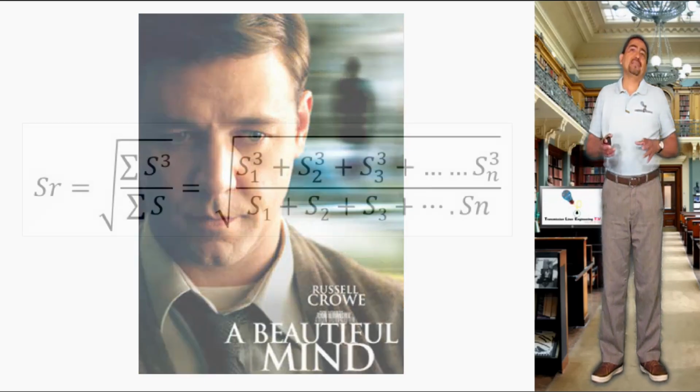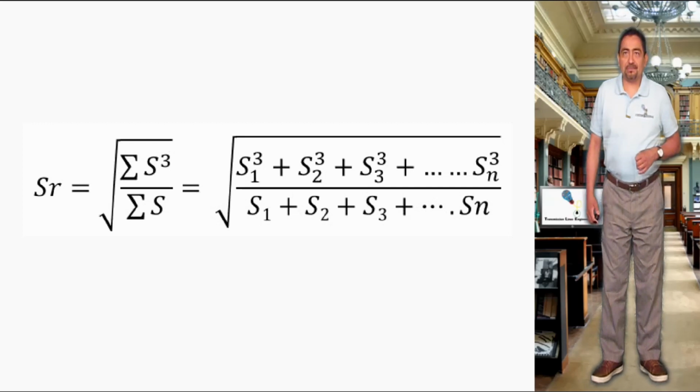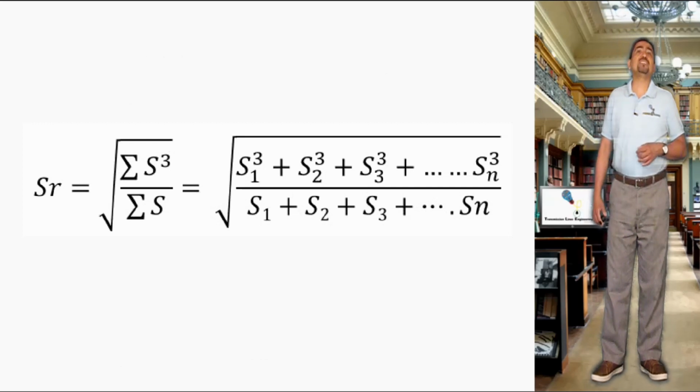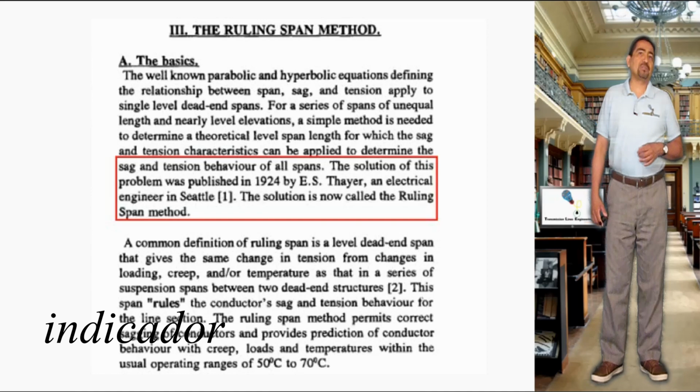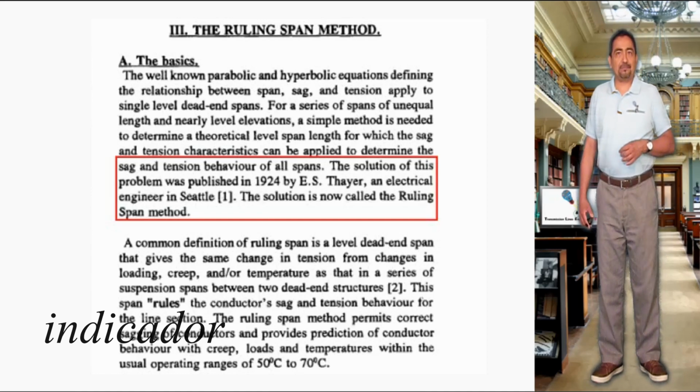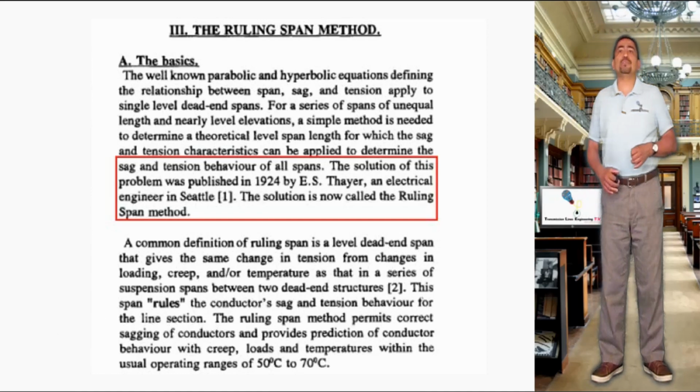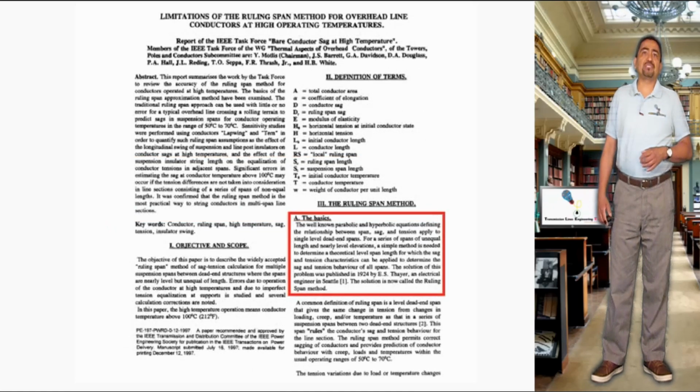Now, on the other hand, the Ruling Span concept was introduced in 1924 by Mr. E.S. Thayer, who was an electrical engineer from Seattle, Washington, in the United States.